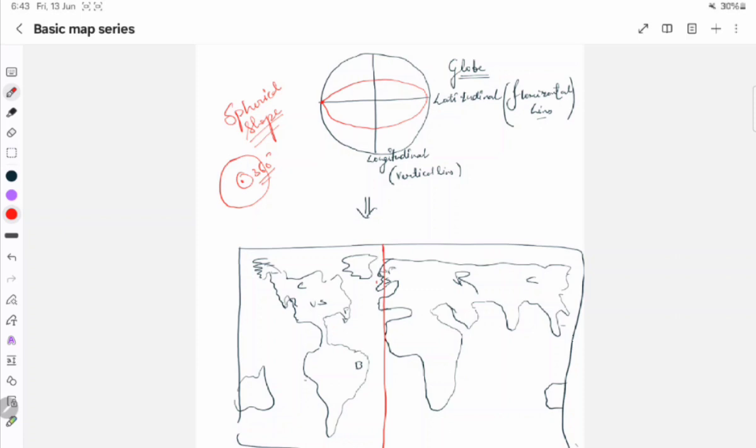So we are going to have 360 degrees in latitudes. Latitudinal expansions. And in latitudes, these are the lines, those are extended like this on the entire globe.